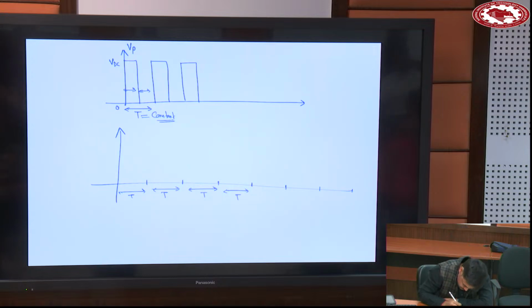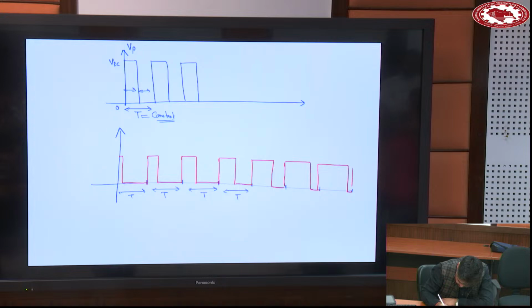Now I am changing the turn on time sinusoidally.